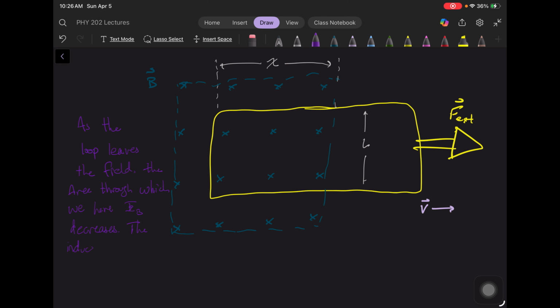The induced EMF will create a current that increases the flux into the page. Okay. And so by right-hand rule, we can say it's going to be a clockwise current. Cool. Okay.